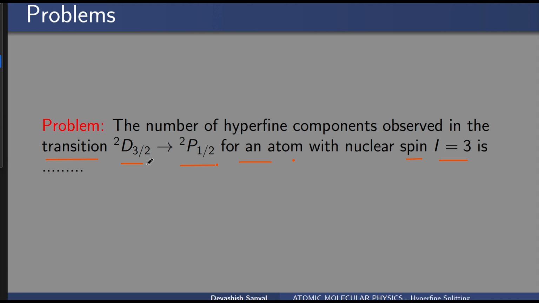So this is my J, the value of J in this spectroscopic notation, and here the value of J is half.